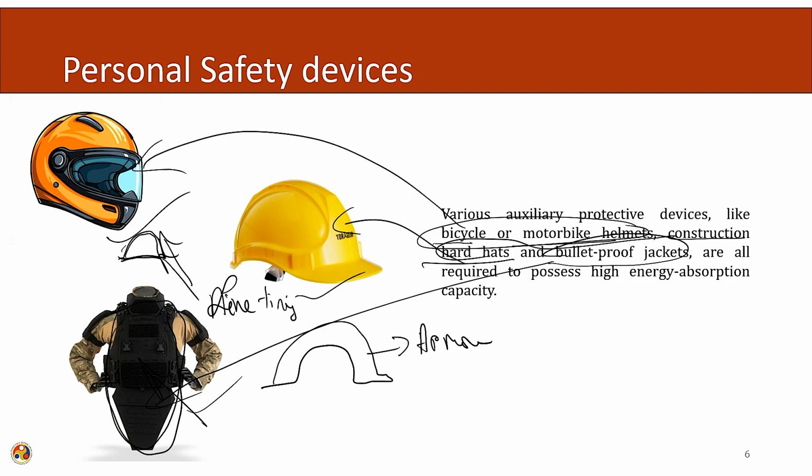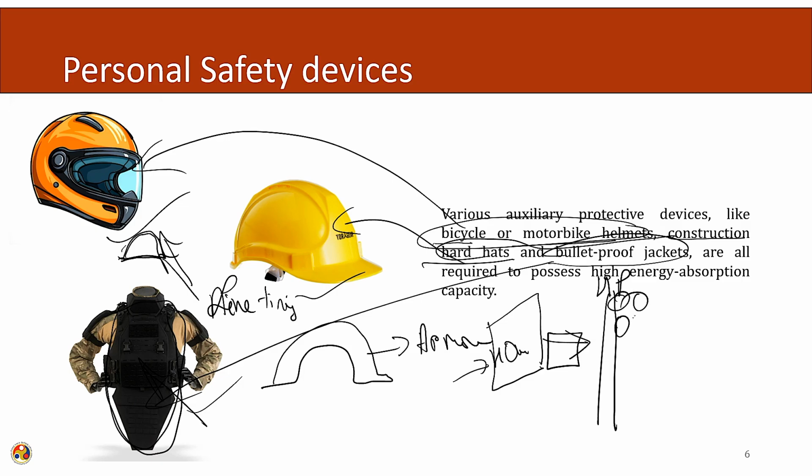Conventionally these jackets are made from a combination of hard plates. There will be a hard outer plate. If you look into the cross section, and if this is the impactor, there will be a hard plate. After that, there will be some sort of cushioning materials, and then there will be one inner layer.